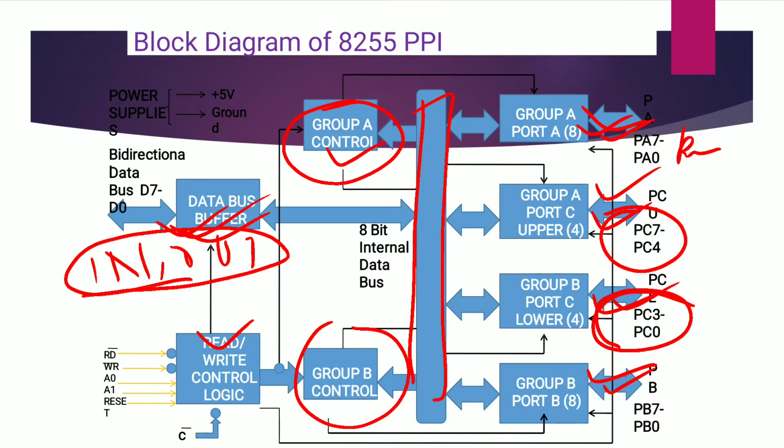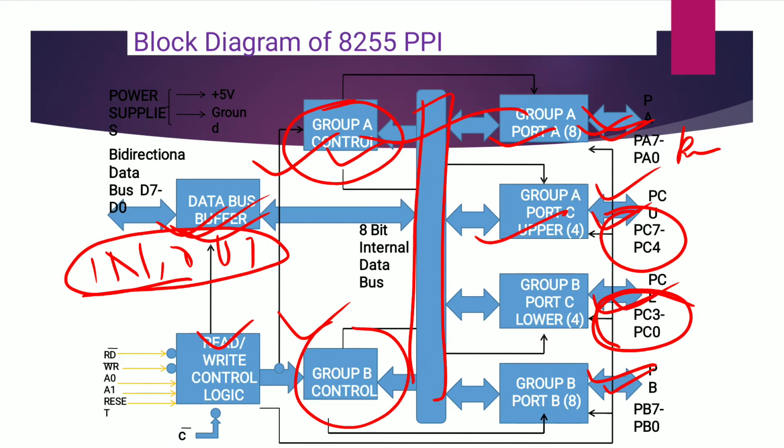Port A, port B and port C are divided into two groups, that is group A and group B. Group A is port A plus port C upper, that is PA0 to PA7 plus port C upper, means PC4 to PC7.